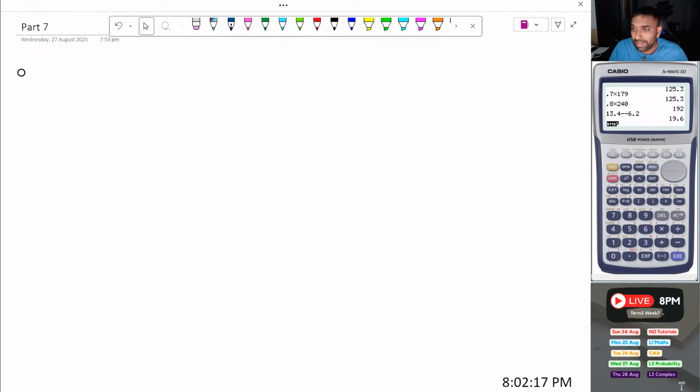Now, today the main focus is we'll be looking at normal distribution again. In normal distribution, this is when we have to find the mean, and I think the standard deviation comes up next after this.